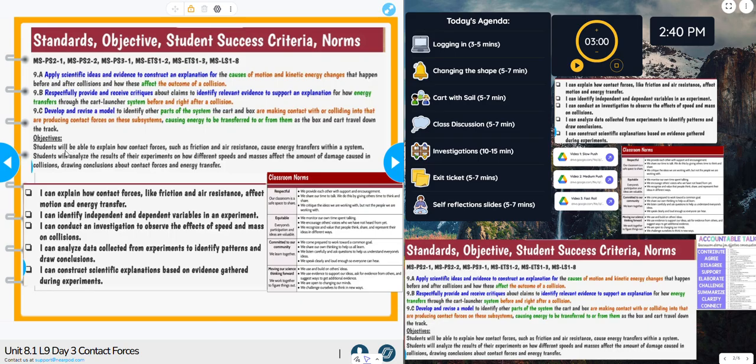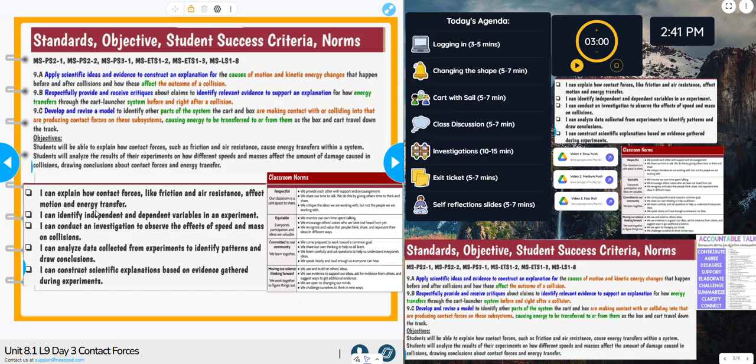By the end of this lesson, students should be able to explain how contact forces such as friction and air resistance cause energy transfers within a system, and should be able to analyze the results of their experiment on how different speeds and masses affect the amount of damage caused in the collision by drawing conclusions about contact forces and energy transfer.